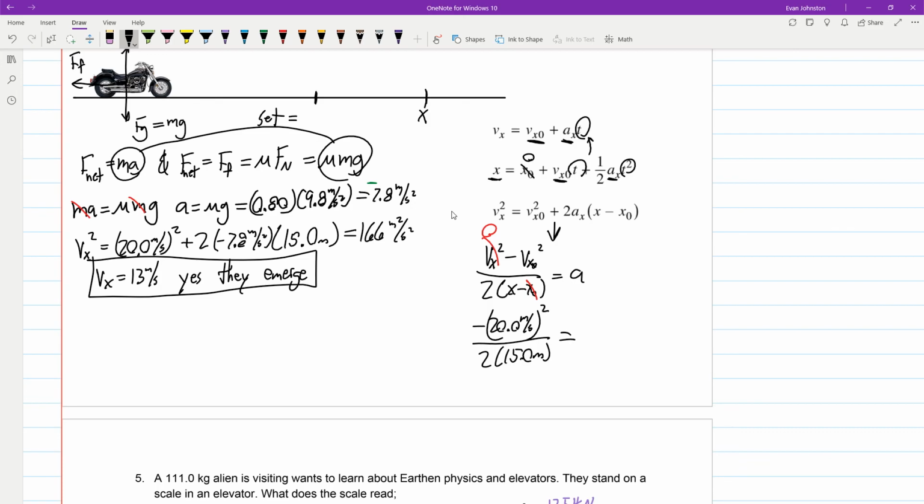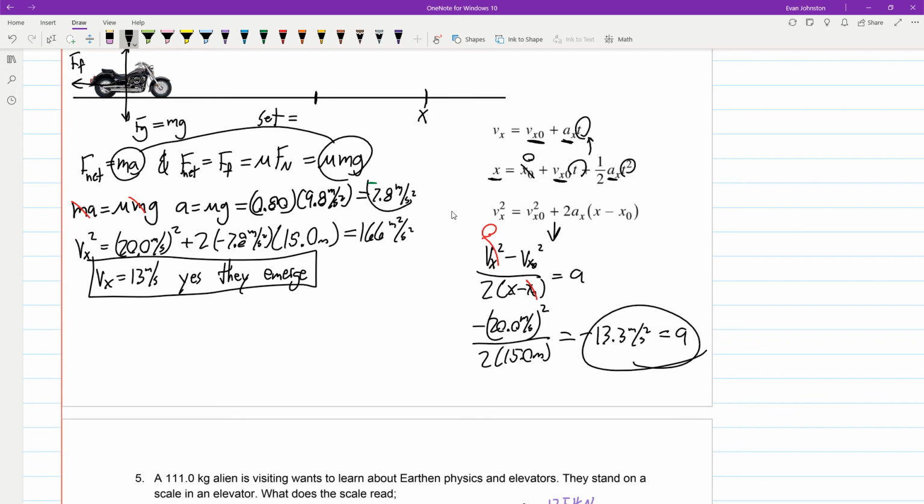Negative 20 squared divided by 2 times 15 tells me I would need to have my motorcycle slowing down at a rate of 13.3 meters per second squared. That's what the a value would need to be to make it stop.